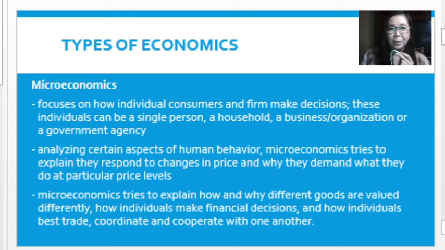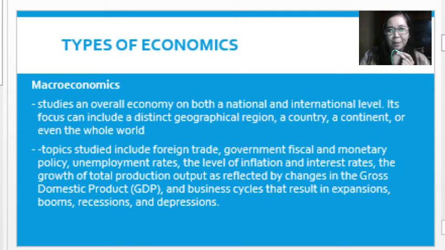Again, under the microeconomics scope, we are looking into a single unit of the society, a smaller part of it, a single person, a particular organization or business or government agency. What about the second type of economics?